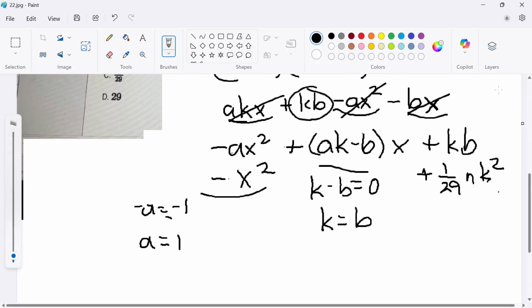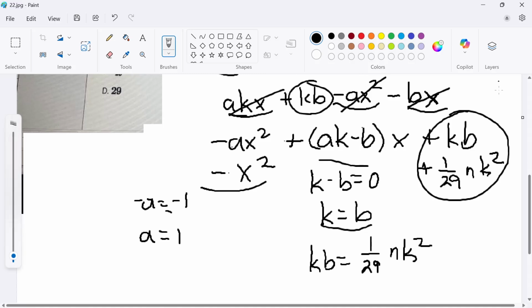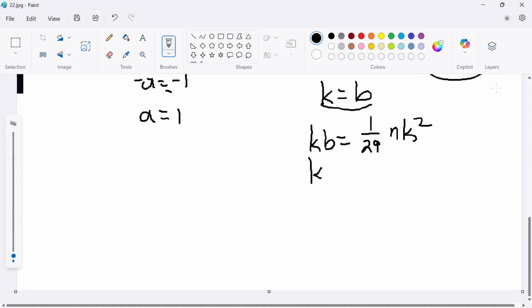So now I also know from here that kb equals 1/29 n k squared. But b equals k, so this is k times k, which is k squared, equals 1/29 n k squared.